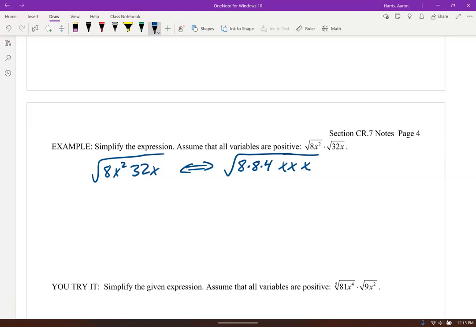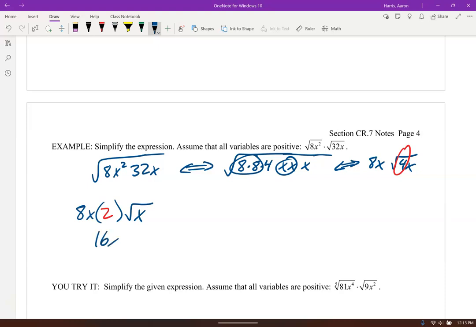Here's my x squared, there's my x, and I'm taking a square root. Well, there's 2 of a kind, so 8 comes out, x comes out, and now let's look at the rest of this. I have a 4 and an x, but the square root of 4 is 2. And I'm just left with an x underneath, right? So I have 16x square root of x.